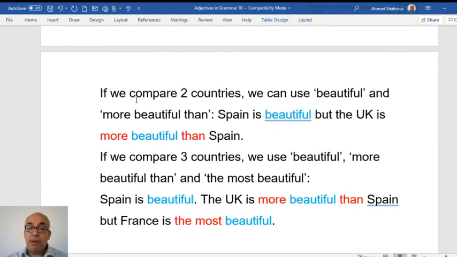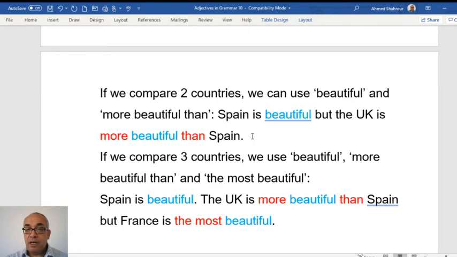So if we compare 2 countries, we can use beautiful and more beautiful than. Example, Spain is beautiful, but the UK is more beautiful than Spain.